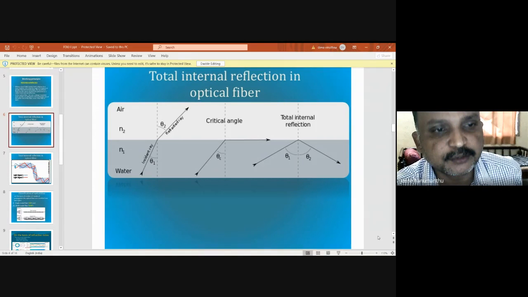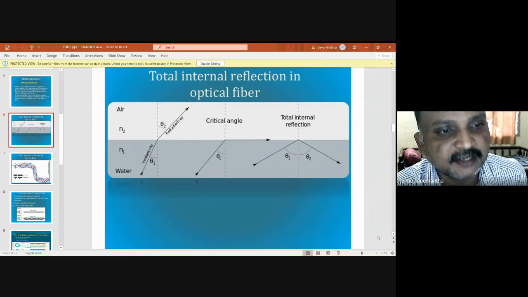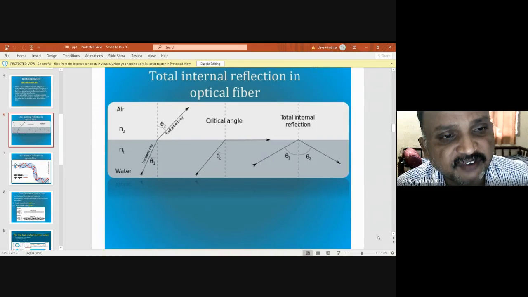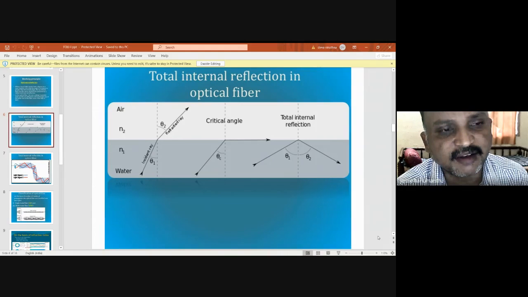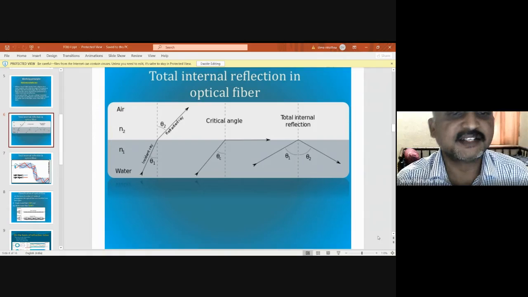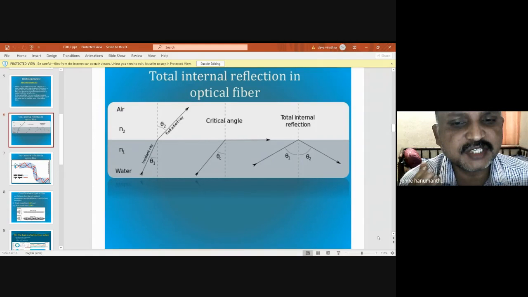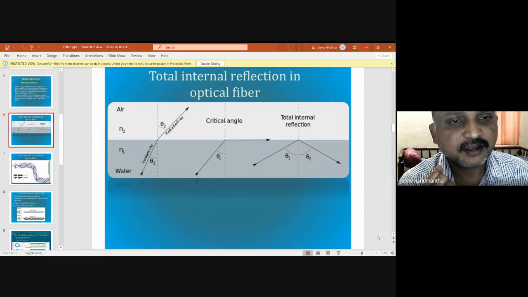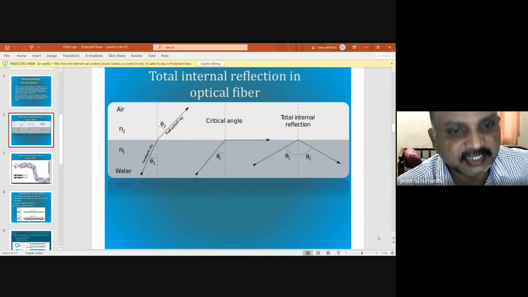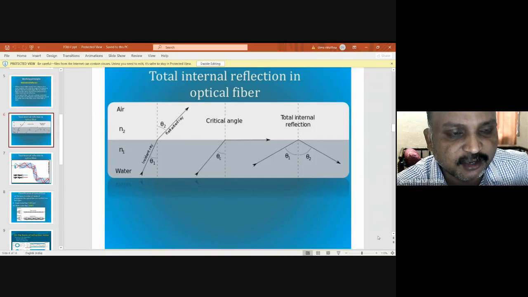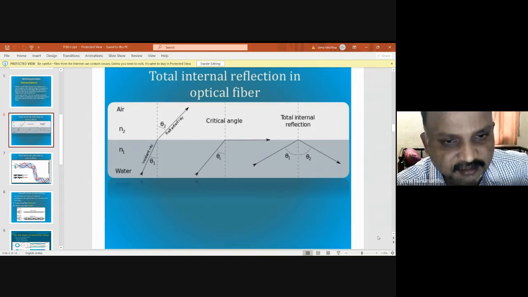N2 equals velocity of light in air divided by velocity of light in cladding. What is the value of N2? N2 should be less than N1. So how do you say N2 should be less than N1? We have to take the materials for fabricating core and cladding such that the core's N1 should be high.